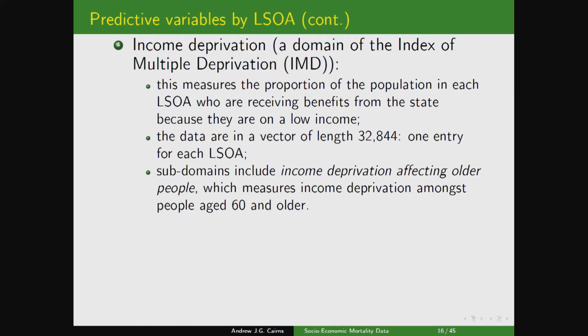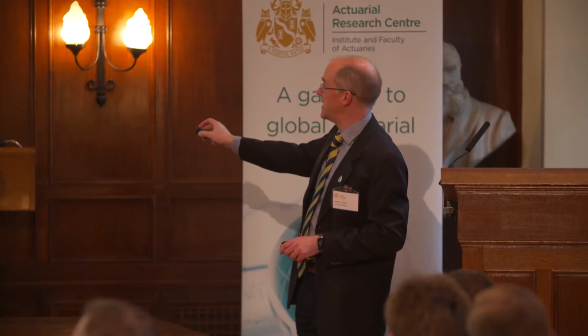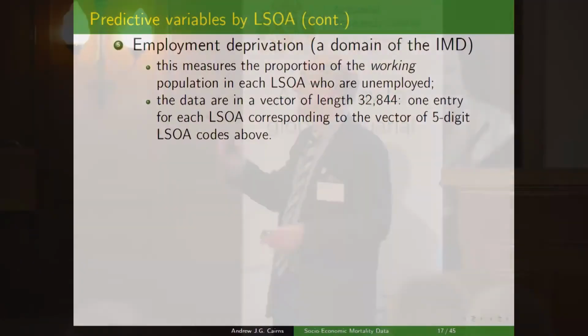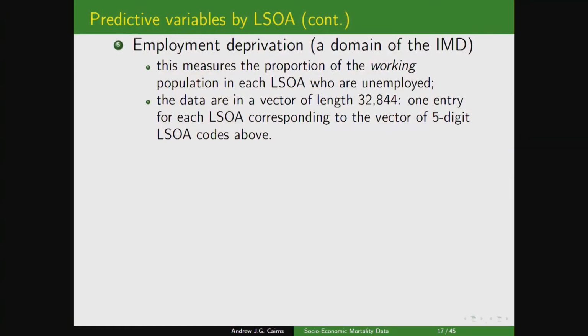The main income deprivation index covers all ages, but there's also a subdomain called income deprivation affecting older people, which measures income deprivation amongst the older age population.